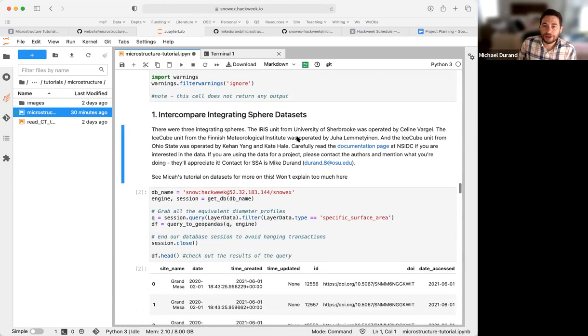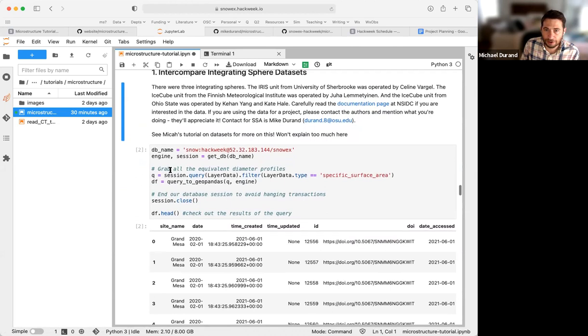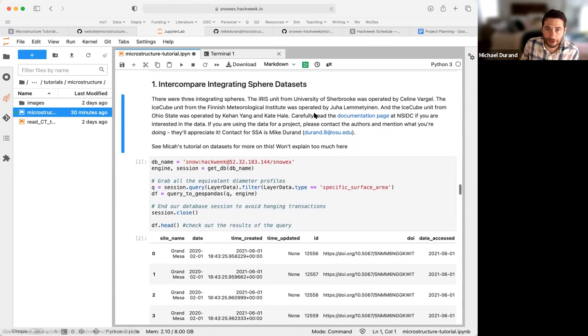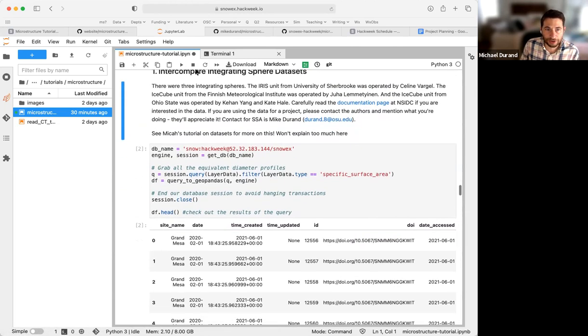There's 3 different integrating spheres, and just a reminder, this data is published. There were 3 different ones operated by a number of different people. So if you run into issues, I was kind of the contact for these. I'm happy to talk with y'all, or you can go back to the operators. All that data is logged in the data files.